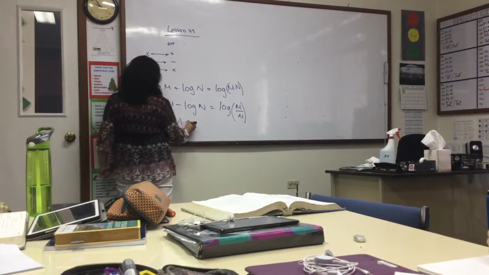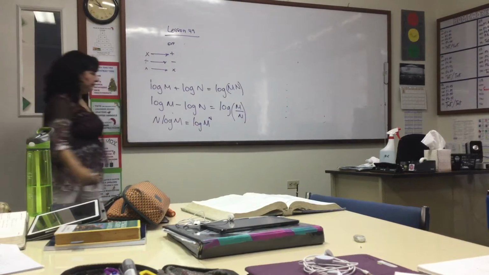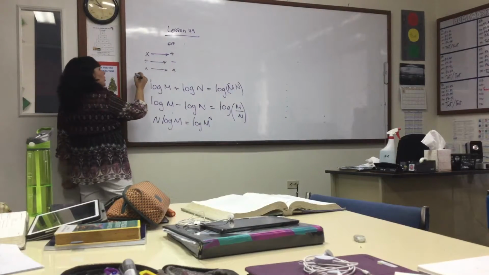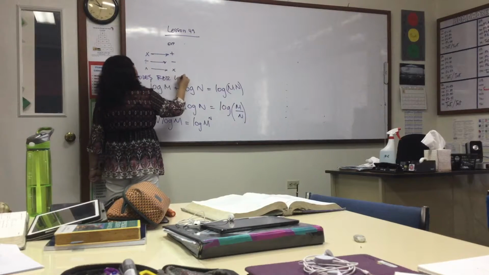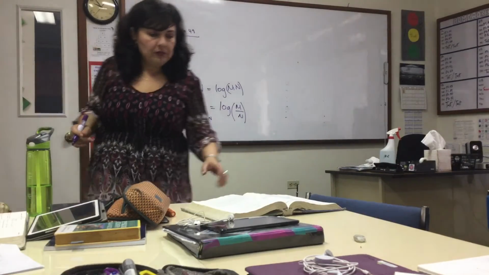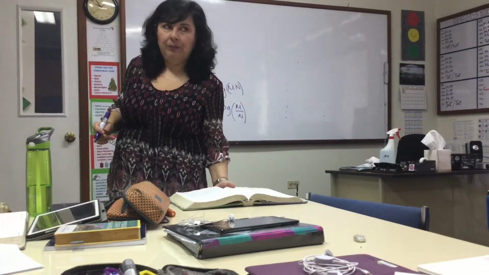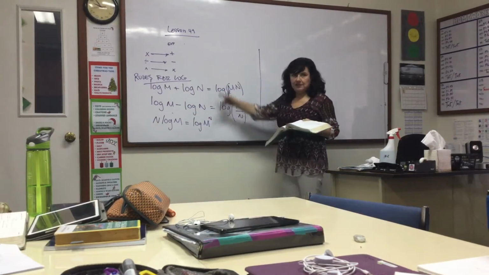Raising. So you have logarithm of m to the n, okay? So these are rules for logarithms. Okay? So they're going to ask you to develop it. How do you develop it? Did you understand? Does this make sense?